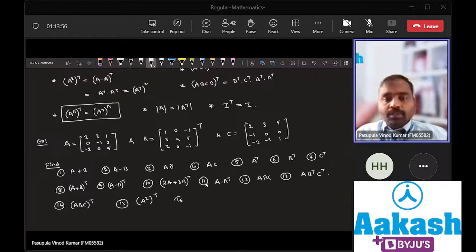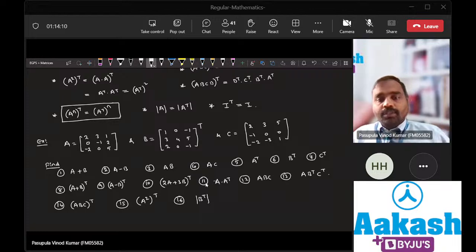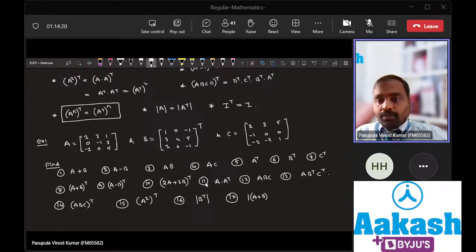And 16th one, this is B power 10, which is not required. So this is determinant of B transpose, right? Next, 17th one, this is determinant of A plus B whole transpose, right?